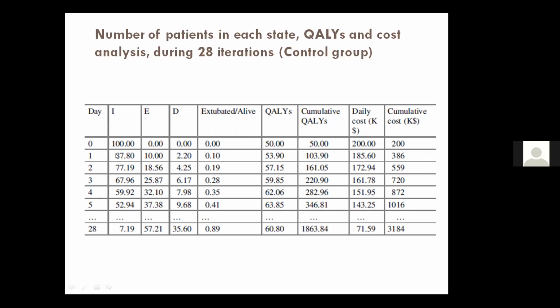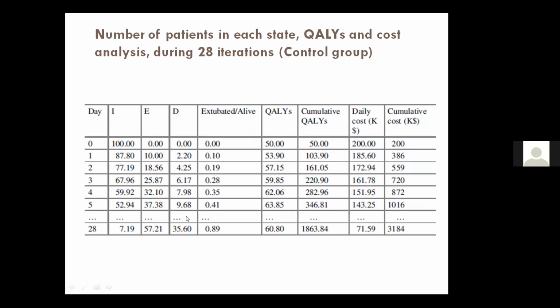In the first day actually, that means the second day, I reduced. So a good thing is happening here. I reduced and E increases. So 10 people came out of ventilation, but 2 people died, 2.2 people actually. And in the same way, it goes like this. On the 28th day, 7.19 is I, E is 57.21, death is 35.6.